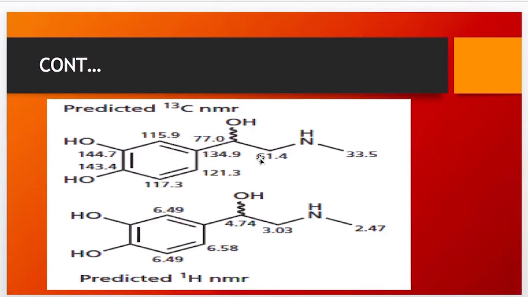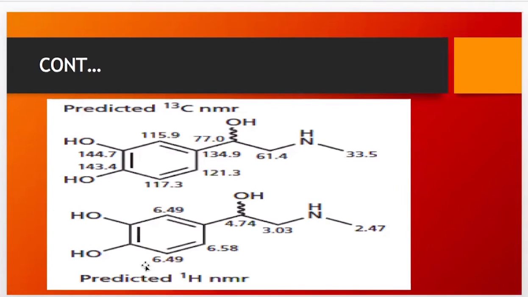The other one should be at 61.4, and so on and so forth. This is how you have to compare. Once you have your results, compare and see if you're going to see carbon atoms at these positions.